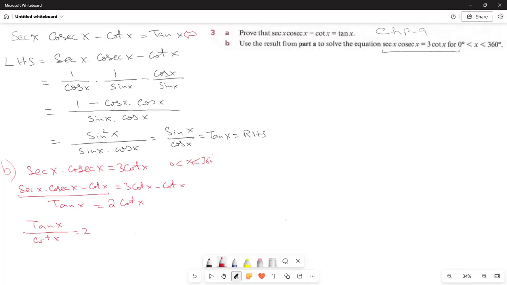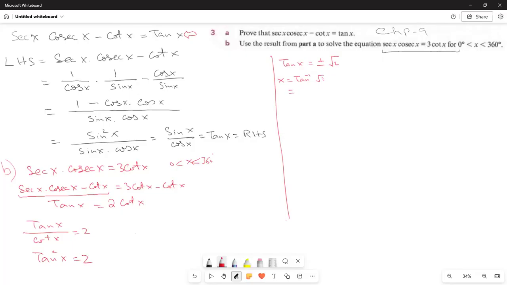So it becomes tangent square x is equal to 2. It means tangent x is equal to, when I take the square root from both sides, plus minus under root 2. If I solve one by one, x is equal to tangent inverse under root 2.